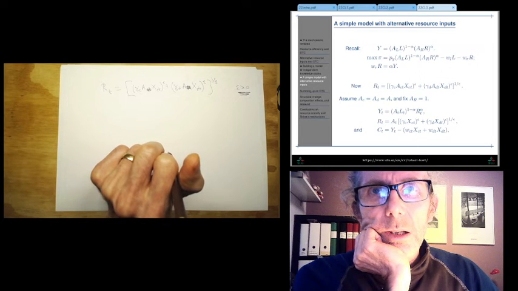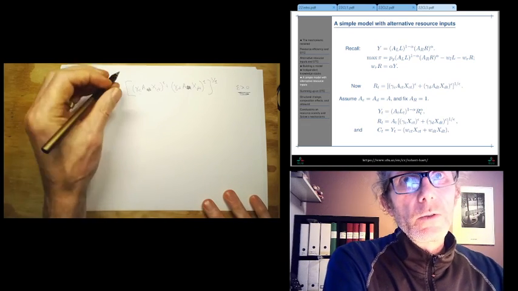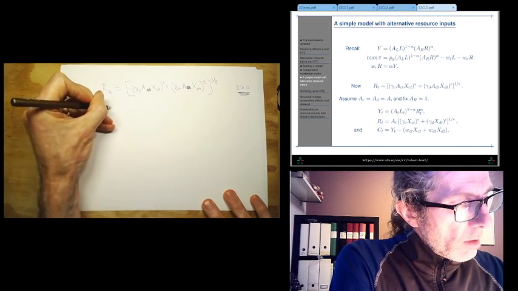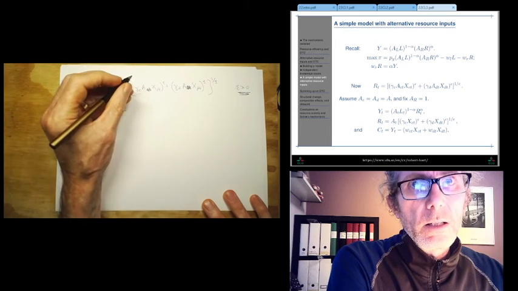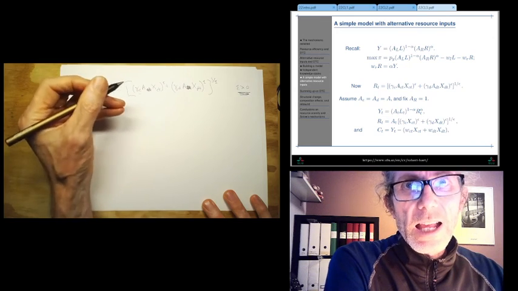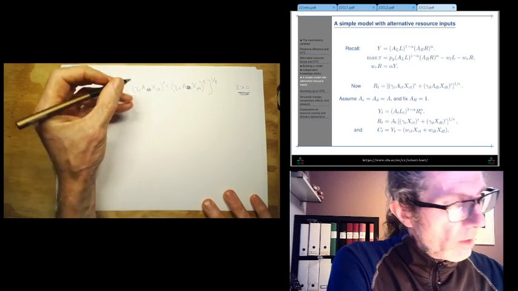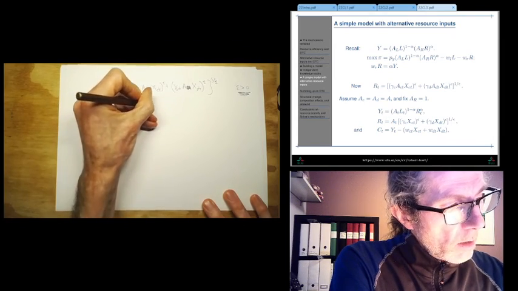Okay, yeah, A_R is 1, so then Y_t becomes A_L L_t, but A_L is also just A_t. So Y_t is A_t L_t to the 1 minus alpha.